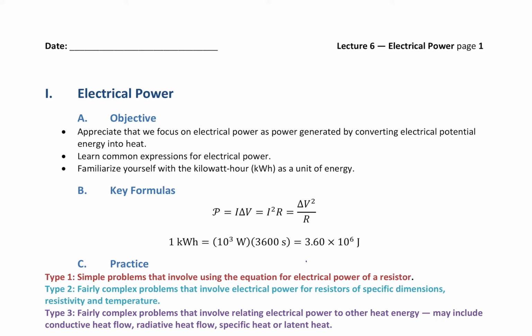Just the process of putting energy into a capacitor is the flow of energy. So charging up a capacitor would be electrical power, and we'll touch on that very idea in a couple of lectures. But for now, we're only talking about turning electrical potential energy into heat through a resistor.